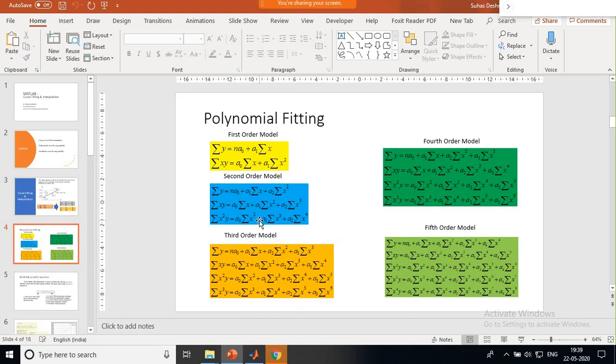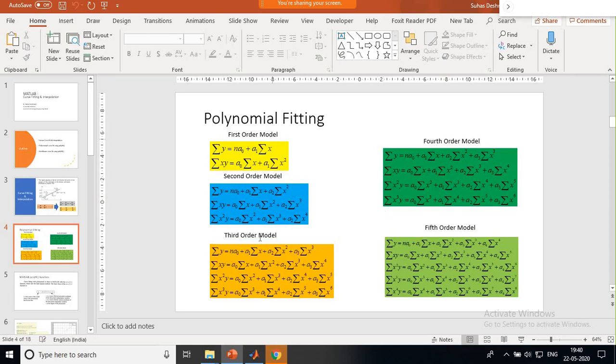For a second order polynomial, I have 3 coefficients a0, a1, a2, so I need 3 derivatives, equate them to 0, and we will get 3 equations. For a third order model we have 4 coefficients, so 4 equations. For a fourth order model we get 5 equations, and so on.